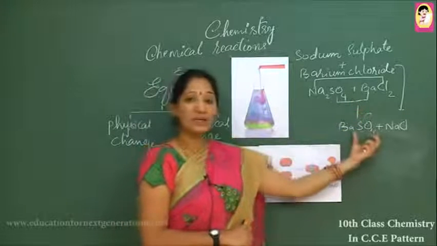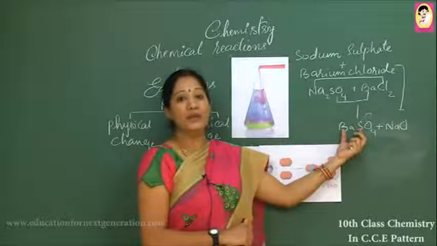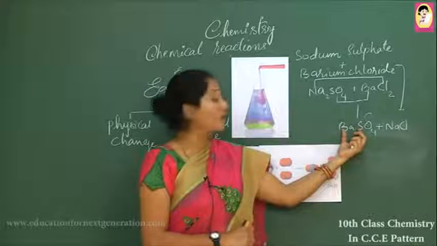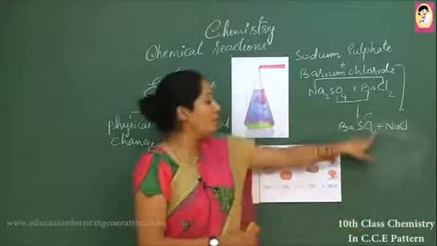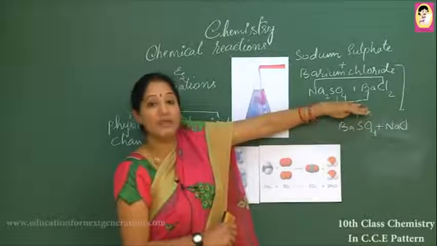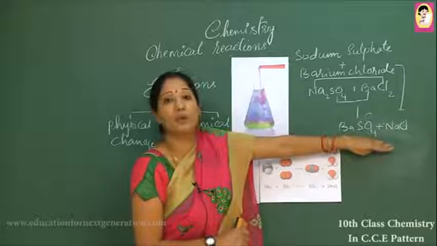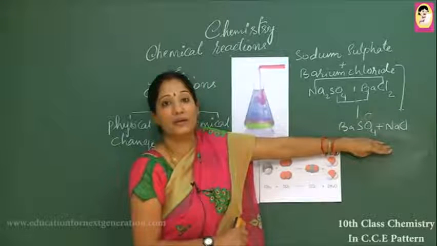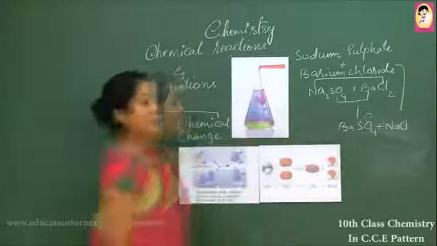Similarly, when a product is obtained, if there is one product you can write it in the same manner. If 2 or more products are obtained, keep a plus sign in between. The left side of the equation is the reactants and the right hand side of the equation is the products which are obtained due to the chemical reaction taking place between the 2 components.